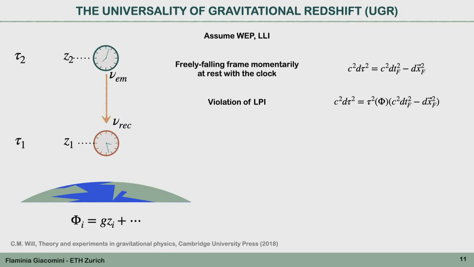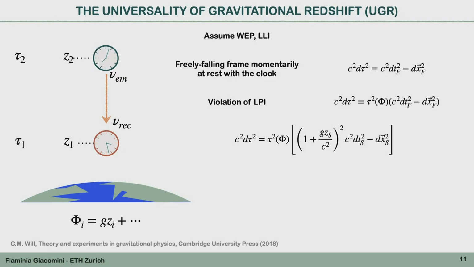For instance, it can depend on the position through the gravitational field phi. So I can write the violation in this way. This is the standard way of looking at the violation.